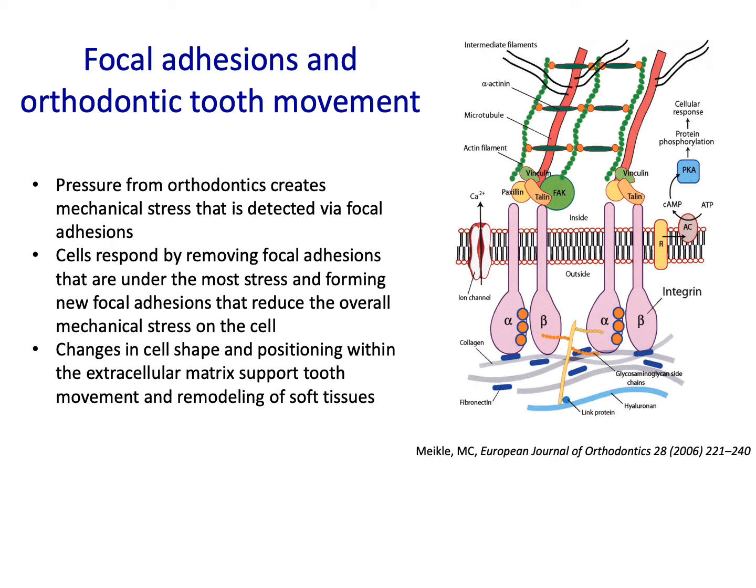And the cells respond to this stress in part by removing the focal adhesions that are under the most stress and then forming new adhesions that are in a less stressful conformation. And the result is changes in cell shape and positioning that lead to remodeling of the soft tissues within the gums.